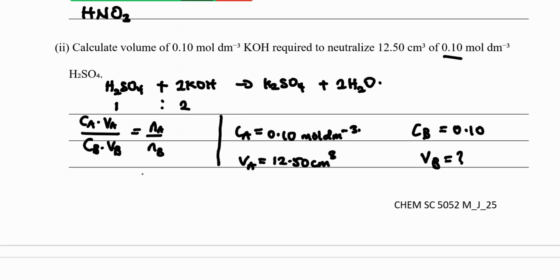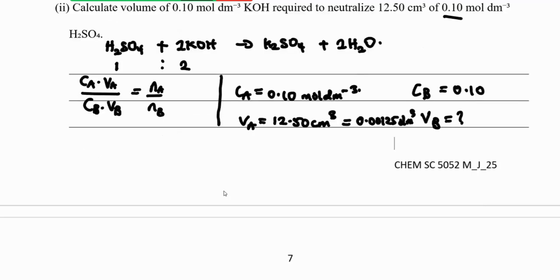So we should take note that 1 decimeter cube is equal to 1000 centimeters cube. So converting, our volume is actually going to be 0.00125 decimeters cube. Now everyone is on the same page.